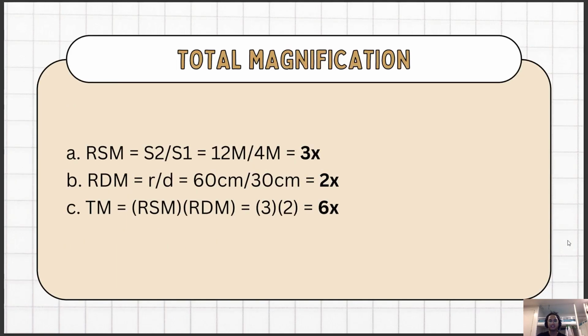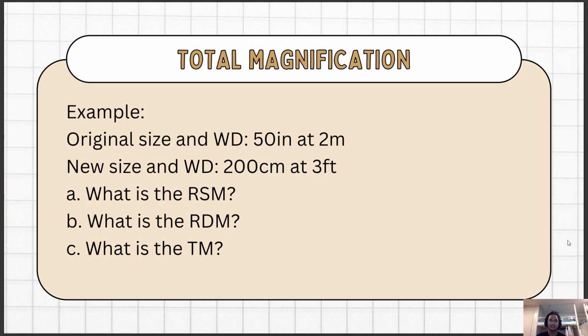But what if I will give an example that has different units? So for this example, we have the original size and WD of 50 inches at 2m and the new size and WD of 200 cm at 3 feet.